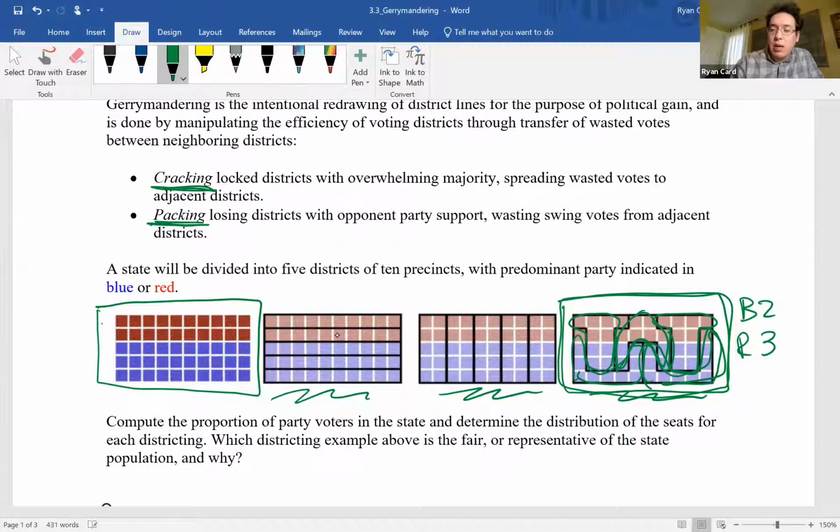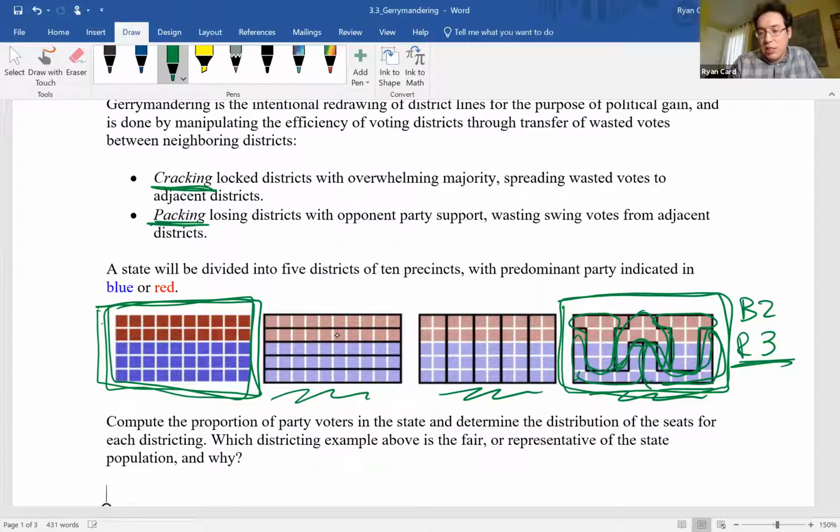So there are 3 representatives that go to the red party and 2 representatives that go to the blue party, even though the original state has 40% of the voters going for the red party and 60% going for the blue party. So in this gerrymandering, the majority of representatives actually go to the minority party, which is strange, right?